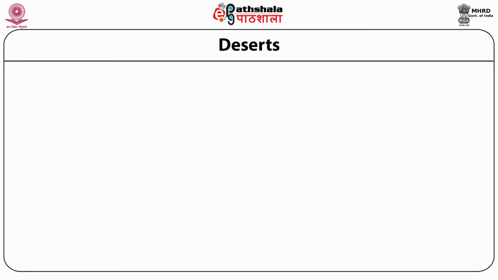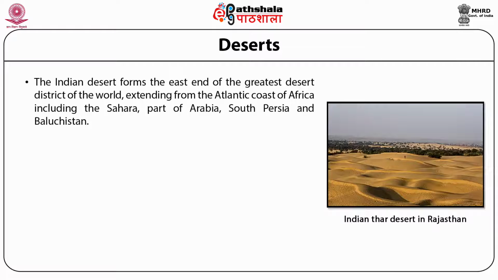Indian deserts. The Indian desert forms the east end of the greatest desert district of the world, extending from the Atlantic coast of Africa, including the Sahara, part of Arabia, South Persia, and Balochistan.